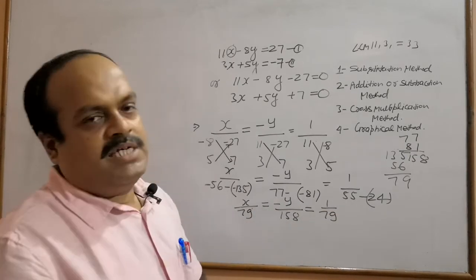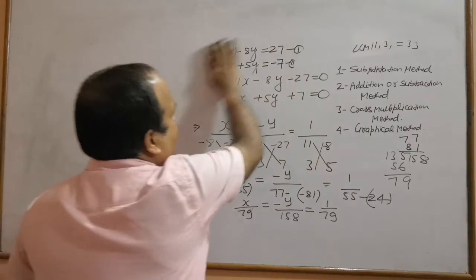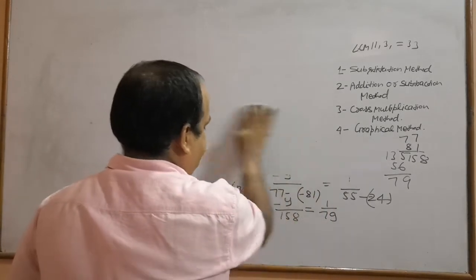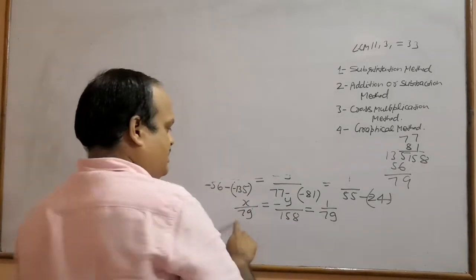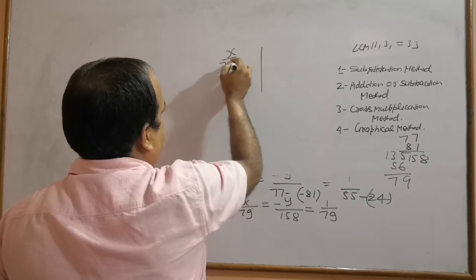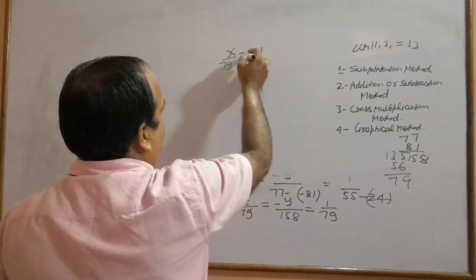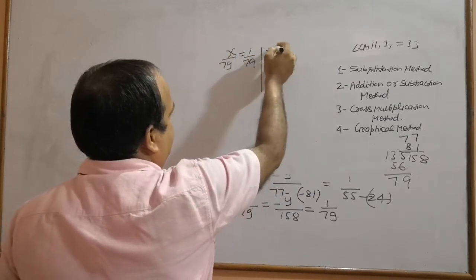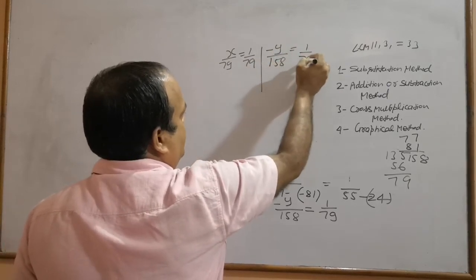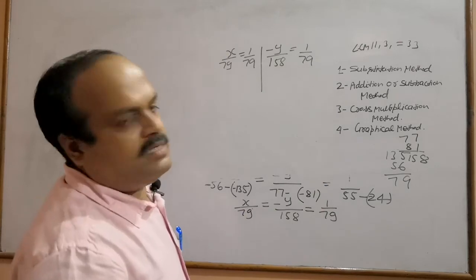With the help of these three fractions, we will get the values of x and y. So first and last, write them together: x upon 79 equals 1 upon 79, and minus y upon 158 equals 1 upon 79.